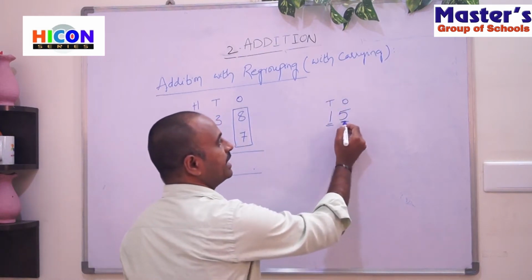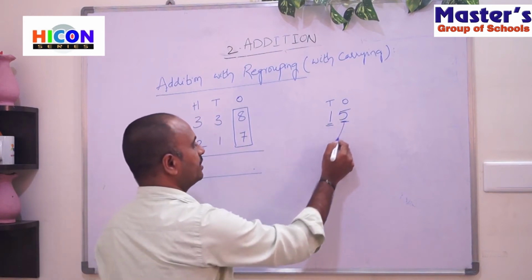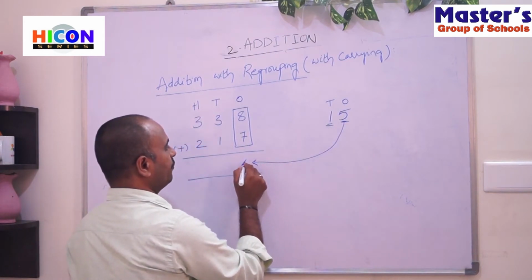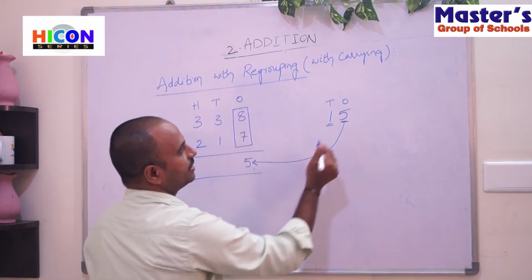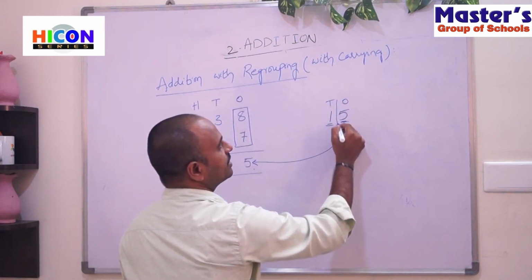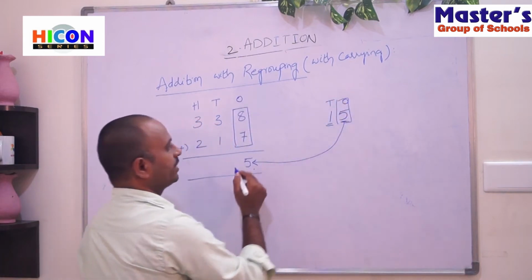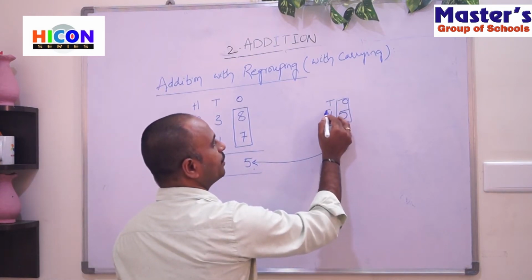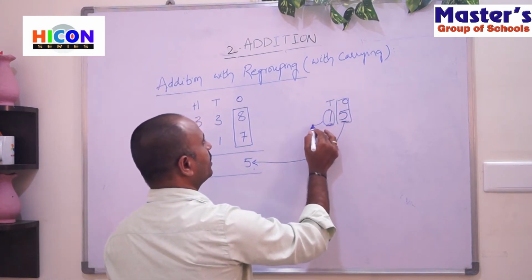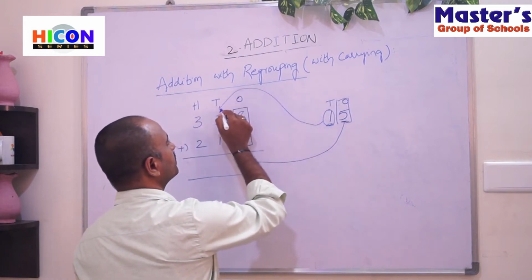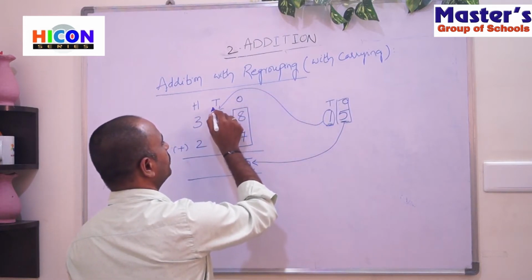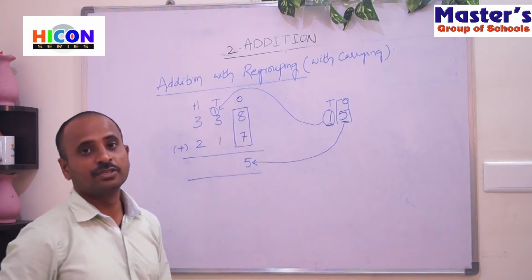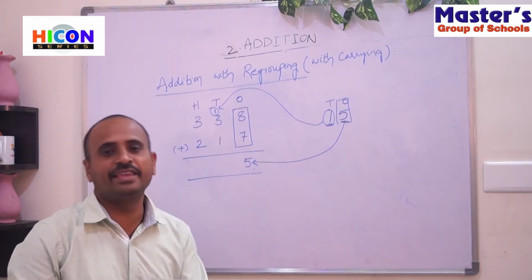The ones place digit should be written in the ones place, so write 5 under the ones place. Now 1 is present in the tens place, so carry the 1 to the tens place. This is called carrying.